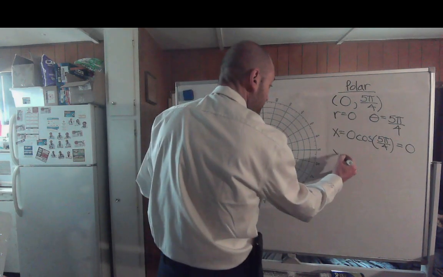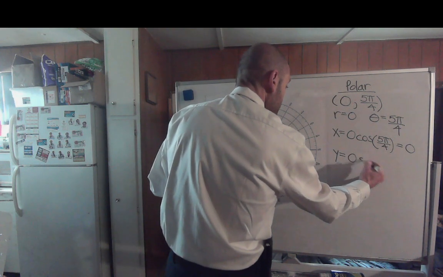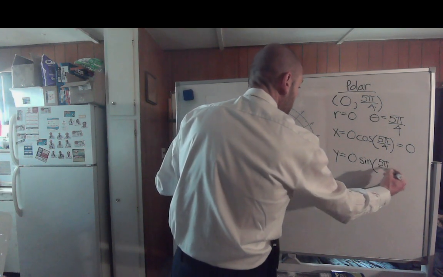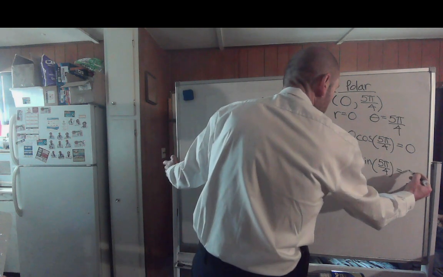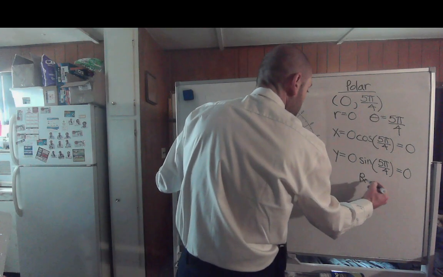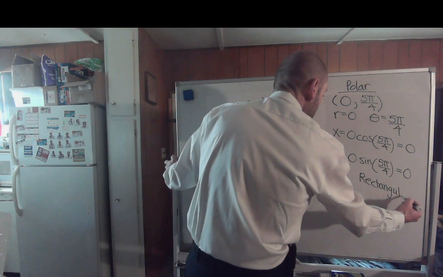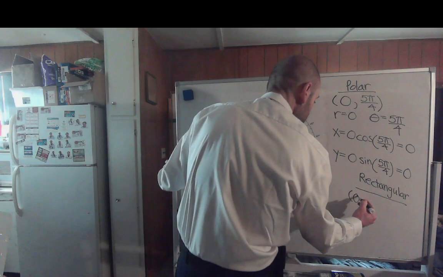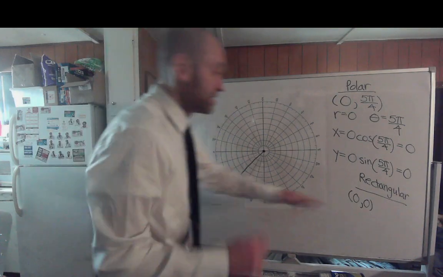Now y equals r sine of theta, so that would be 0 sine of 5π/4, and of course we know that 0 times anything is 0. So in the rectangular coordinate system, you'll get the coordinates (0, 0). And that's exactly what you would get, the origin.